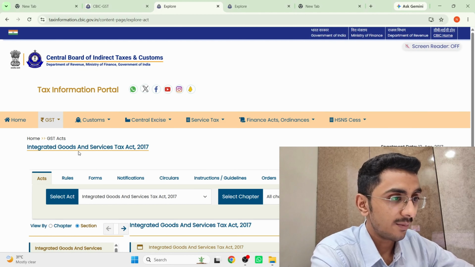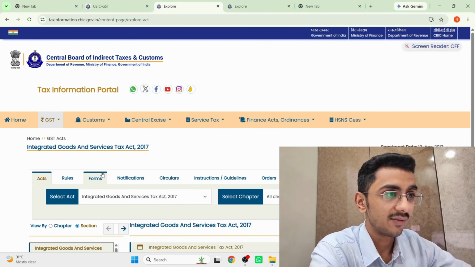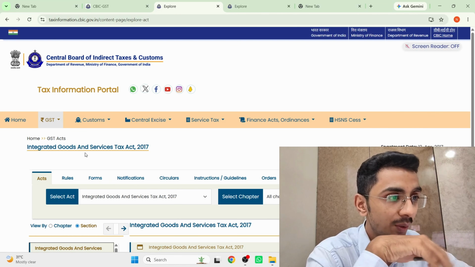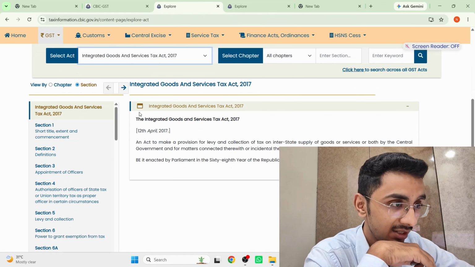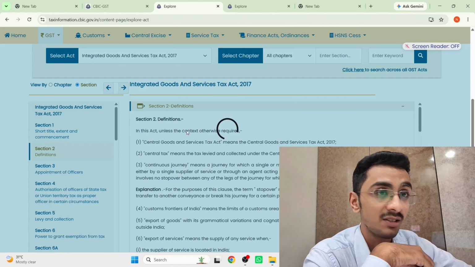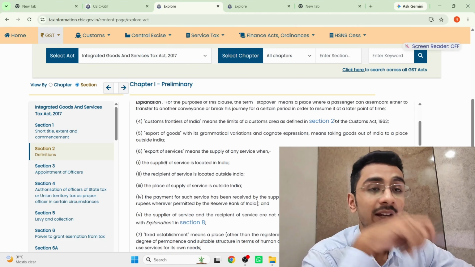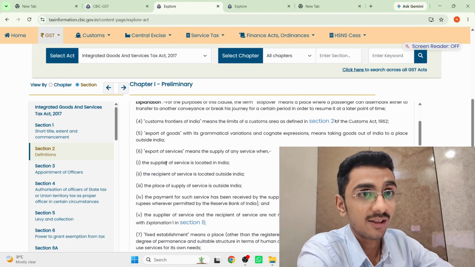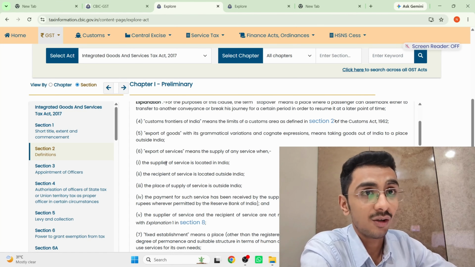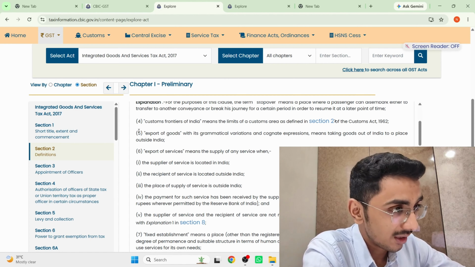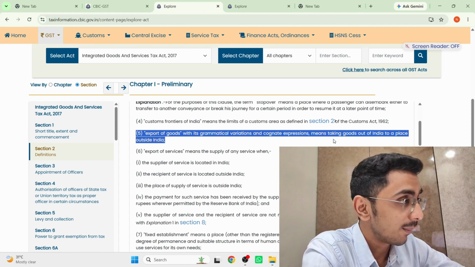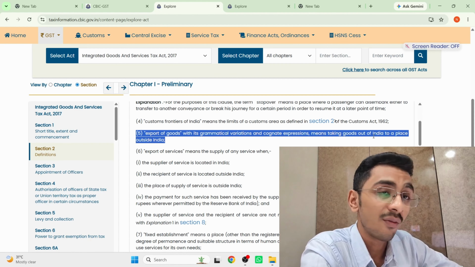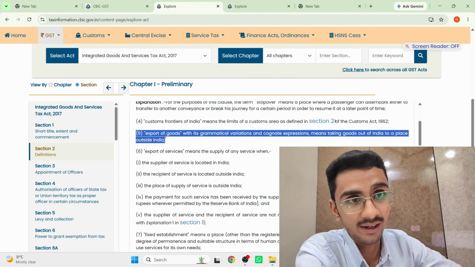So I believe that probably my screen is visible. So we have to come to GST and we have to come to IGST Act, come to section 2, that is definitions. And in definition, with respect to export of goods, it is given under section 2 subsection 5 of IGST Act. If we just have a plain reading, you will understand that export of goods means taking goods out of India to a place outside India.